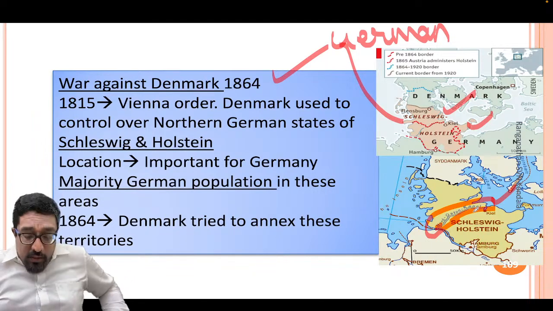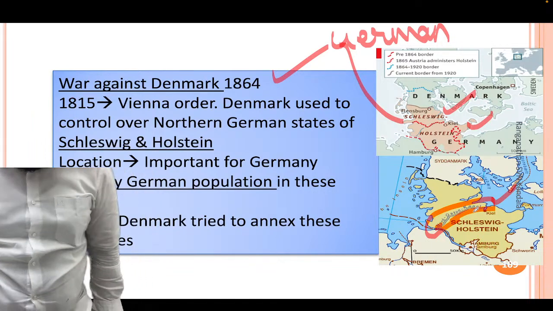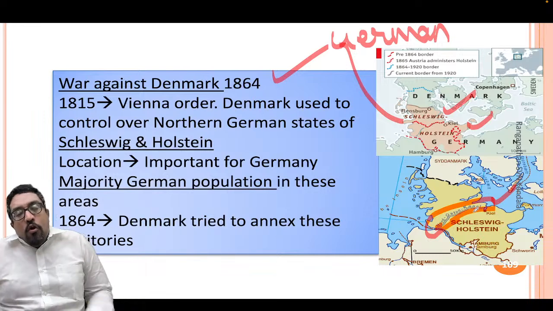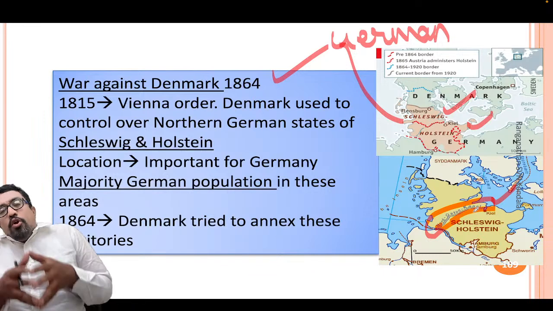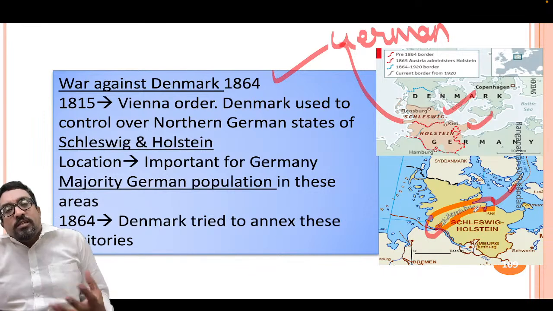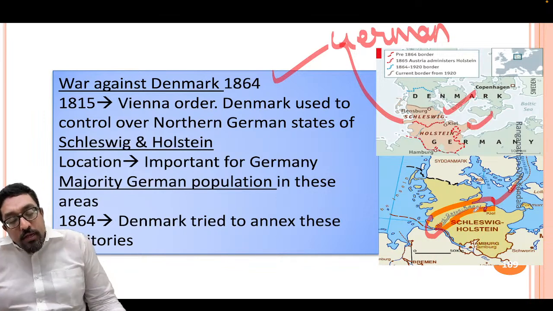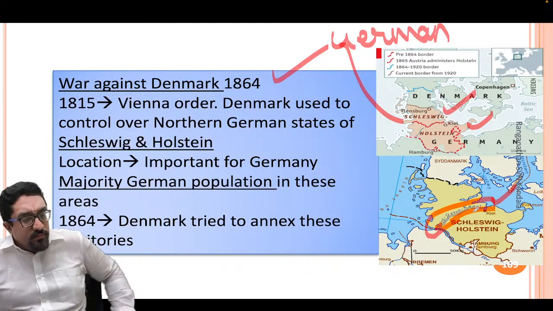Now, in 1848, when the Congress of Vienna system ended, don't you think Germans would expect Schleswig-Holstein to be given back to Germany? Right?